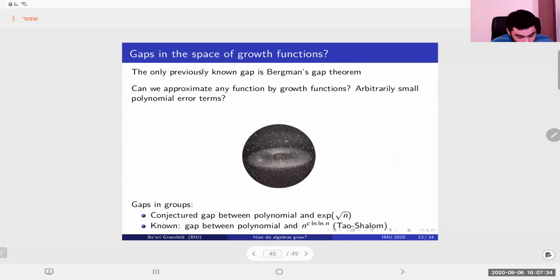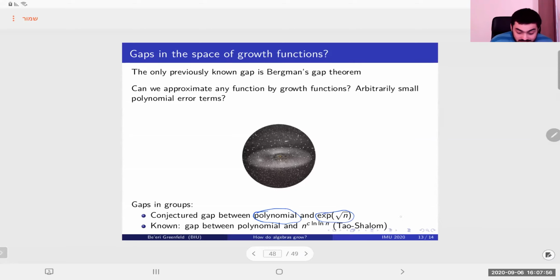And just one last remark, the situation within groups is very different. It is believed that the situation is much more restricted. In particular, there's a conjectured gap between polynomial growth for groups, which is again much more rigid, and exponent of square root of n.